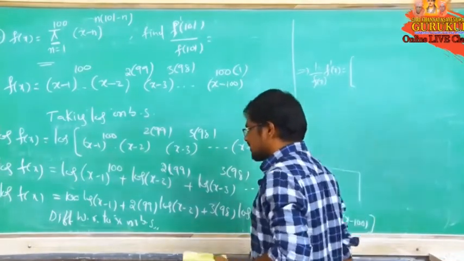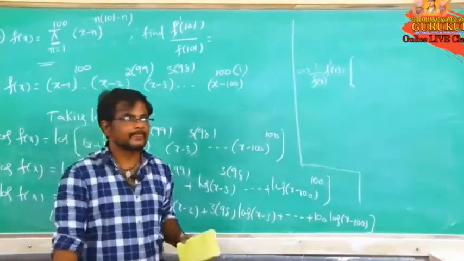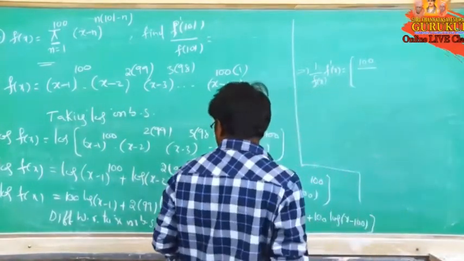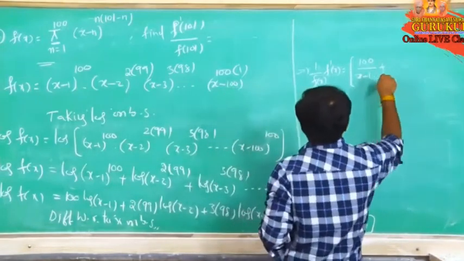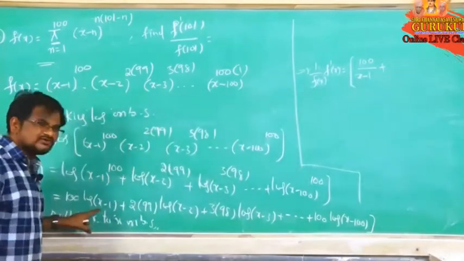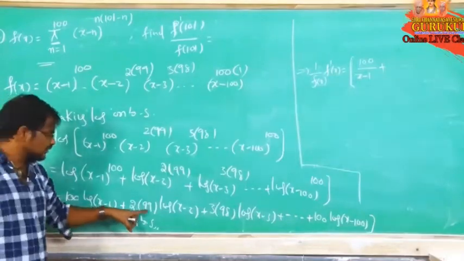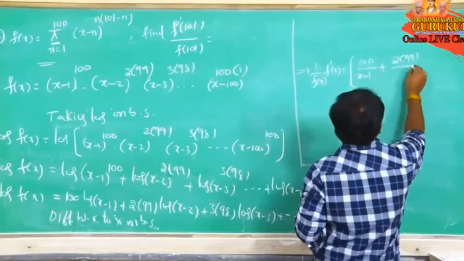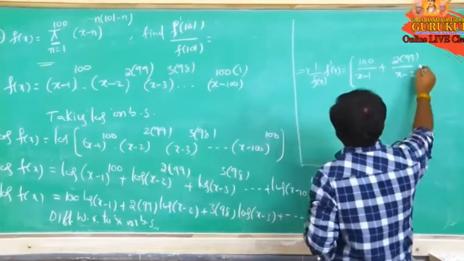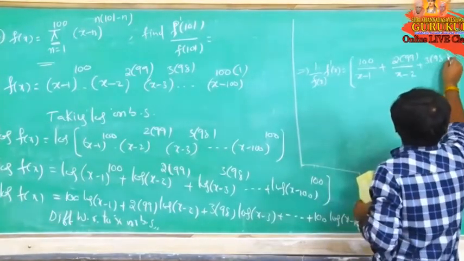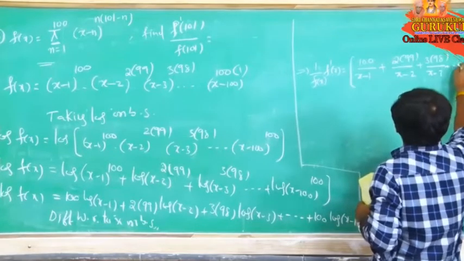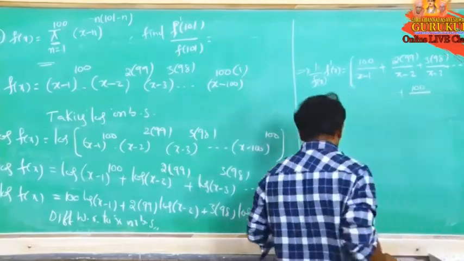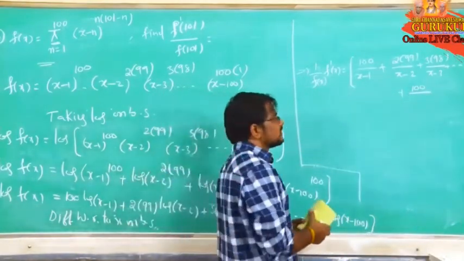That is equal to the differentiation of this one: 100 by x minus 1, since 100 into the differentiation of log of x minus 1 is 1 by x minus 1, plus 2 into 99 divided by x minus 2, plus 3 into 98 divided by x minus 3, plus etc., plus the last one, 100 by x minus 100.